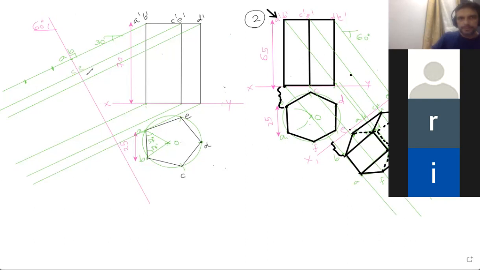This is CED. This is AB, C, and D. So take XY to E, cut here, and cut here. Same method.